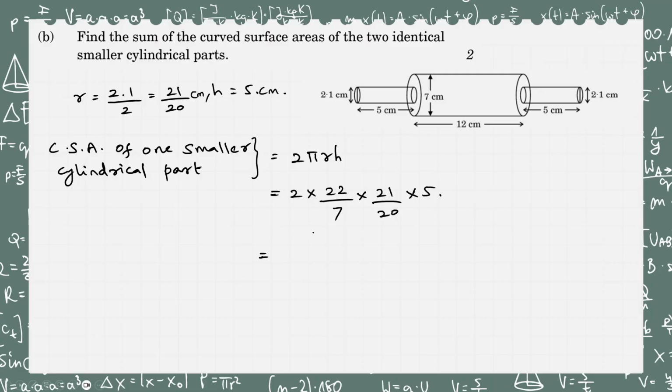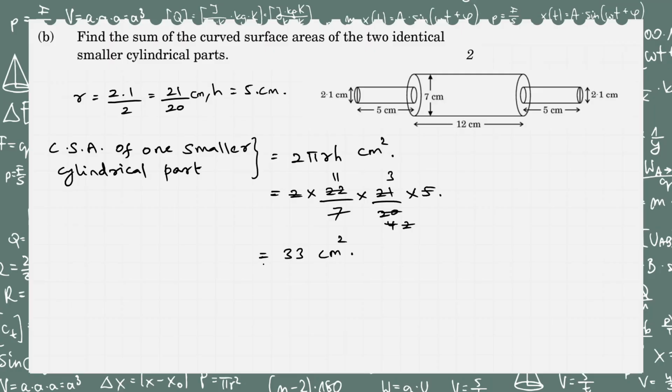Let's simplify this. 7 3 times, 5 4 times, 2 2 times and 2 11 times. So we have 33 centimeter square as the answer, right?